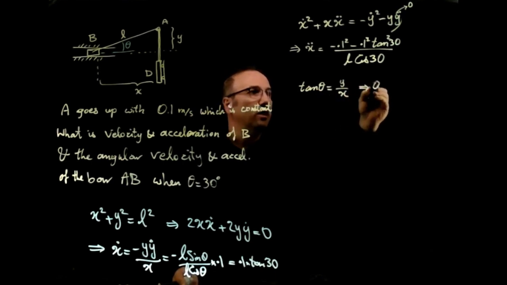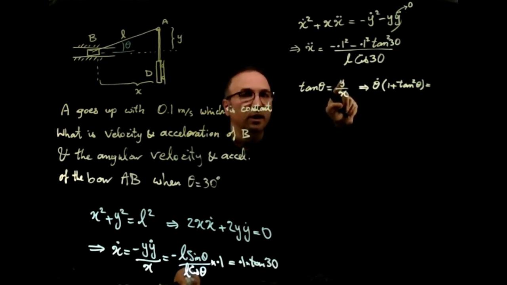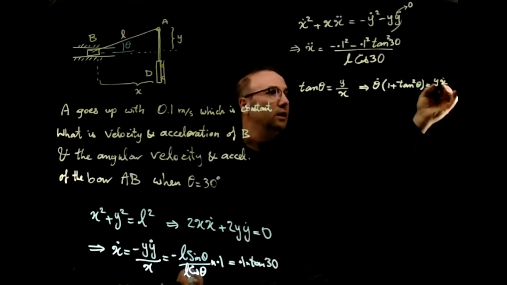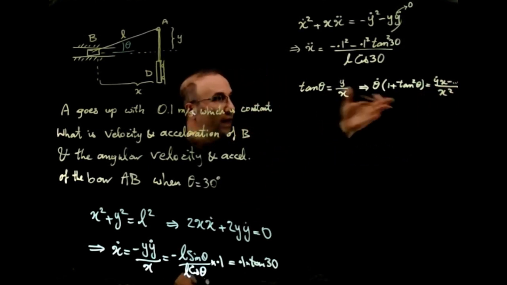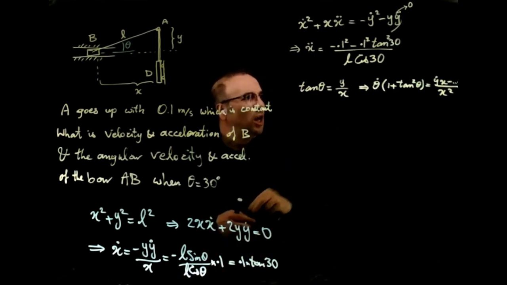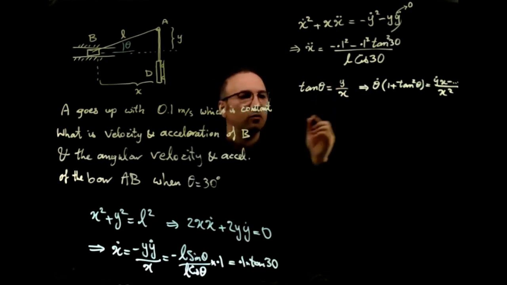I would get theta dot times the derivative of tangent, which is 1 plus tangent square, right? And then it would be the derivative of the numerator times the denominator, y dot x minus and so on, over x squared. So this is one way, and I can do more and more derivatives, but I prefer not to use this one because I have to deal with two derivatives.